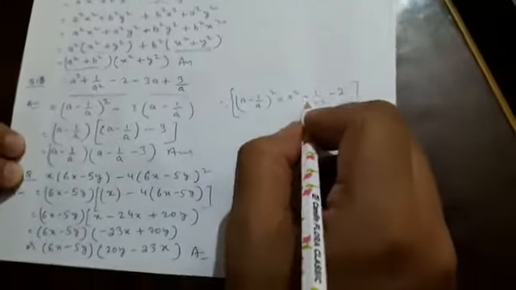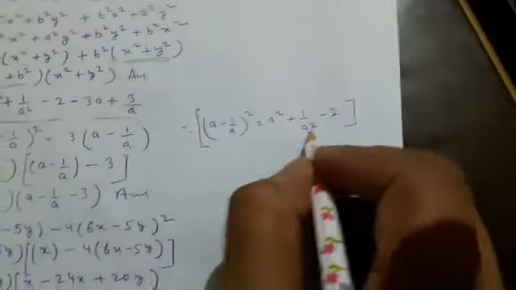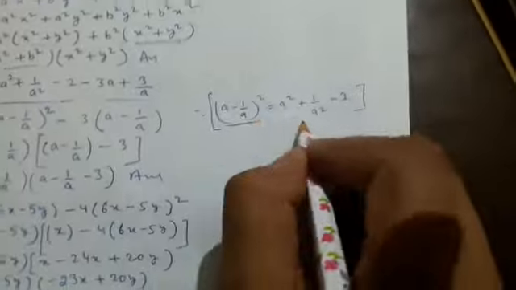a square plus 1 by a square minus 2 minus 3a plus 3 by a. Dear students, let us see, there is one identity, a minus 1 by a whole square is equal to a square plus b square minus 2ab, no, so a square plus 1 by a square minus 2 is equal to this one.